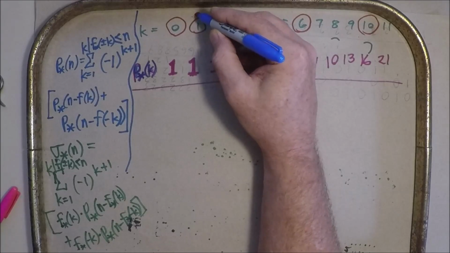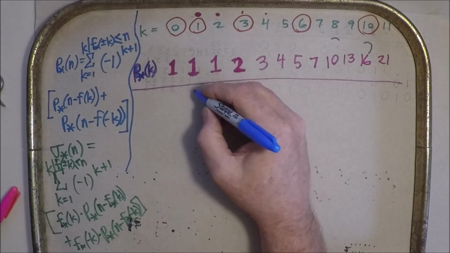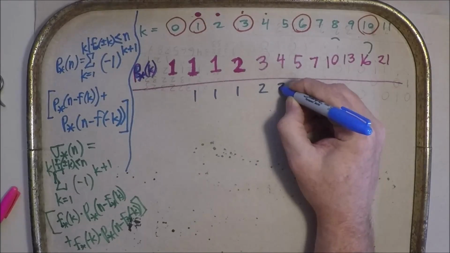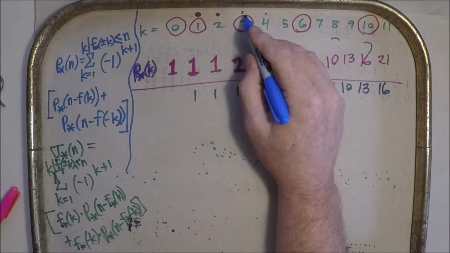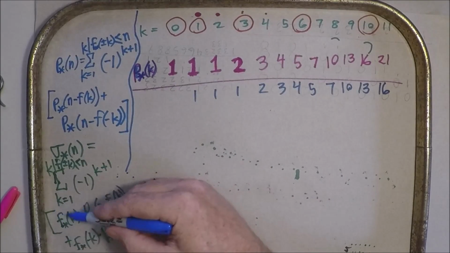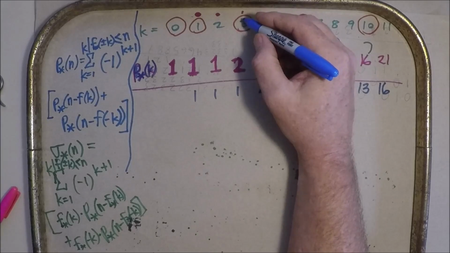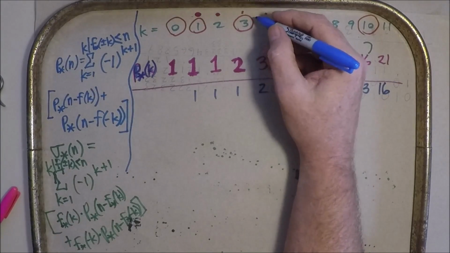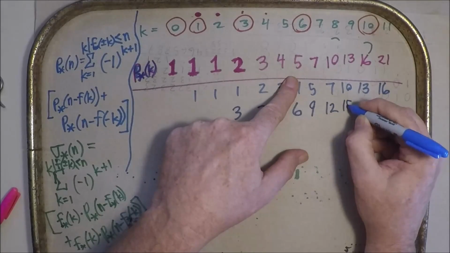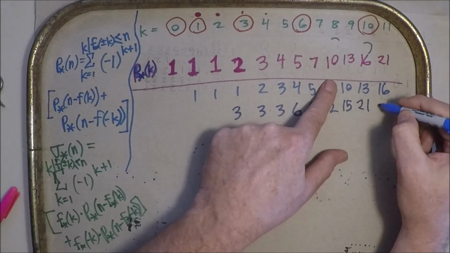The first one is 1 multiplied by 1, so we're going to go 1, 1, 1. That's all we're doing, just copying like that. And then we're going to do 3, and remember we've got our factor in front on this version, so we have 3, 3, 3, 6, 9, 12, 15, 21, and 30.